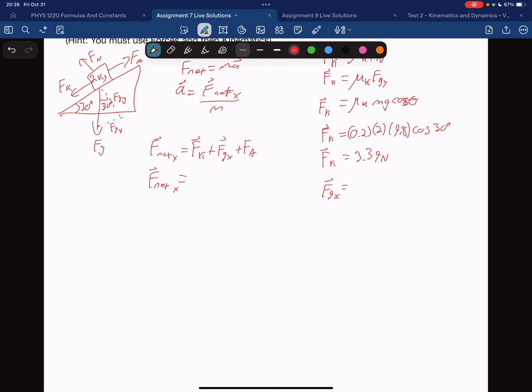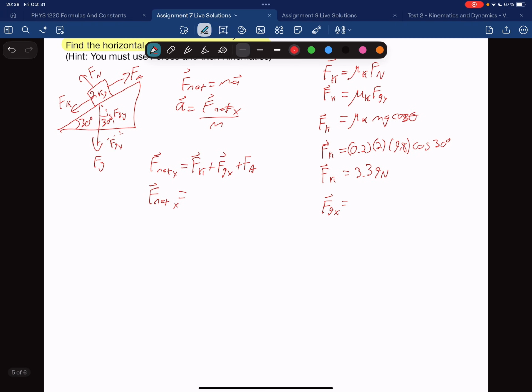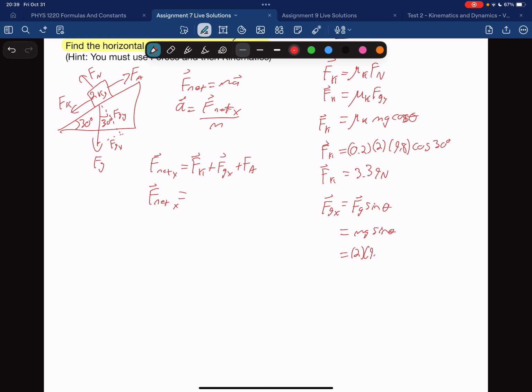Fgx is going to be very similar to Fgy. So this is our Fg sine theta, again, because of how we break down the components. So this is going to be mg sine theta equals 2 times 9.8 times the sine of 30.